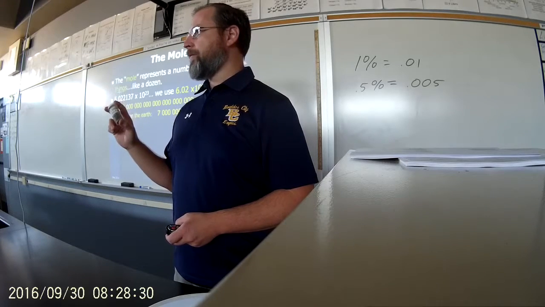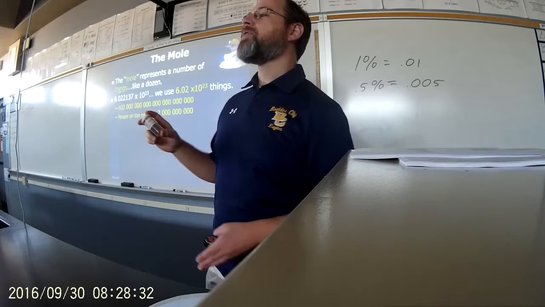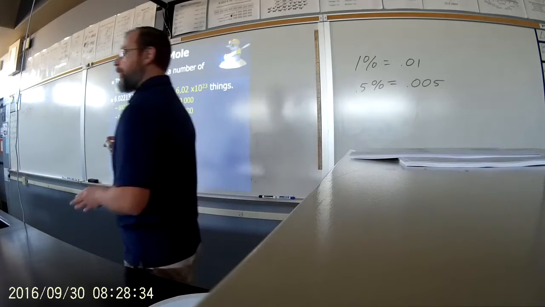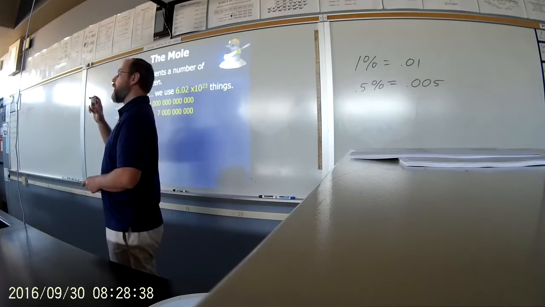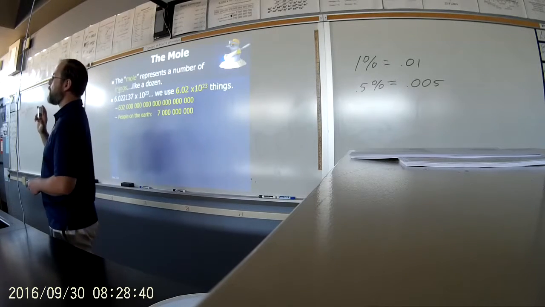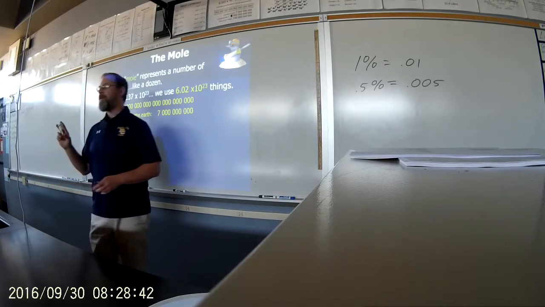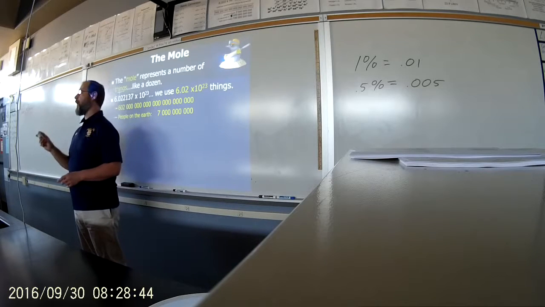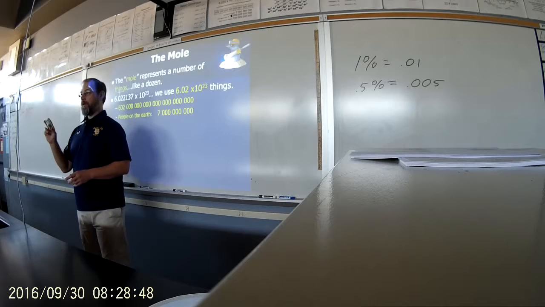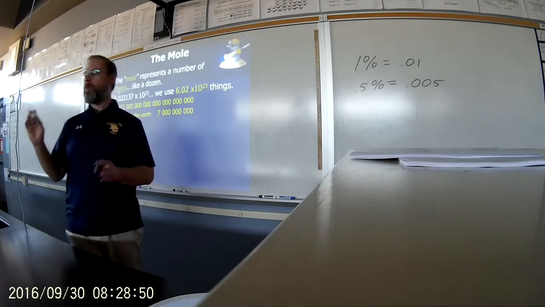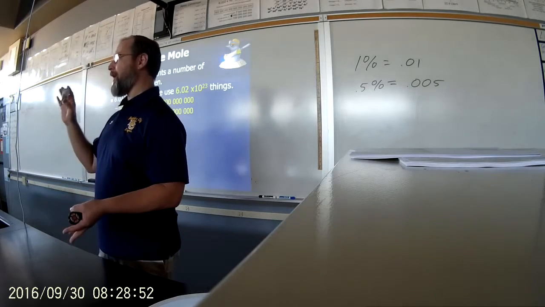I'll say it again. The periodic table gives us the molar mass. The molar mass of copper is 63.5 grams per mole, which means if I have 63.5 grams, I have 1 mole.